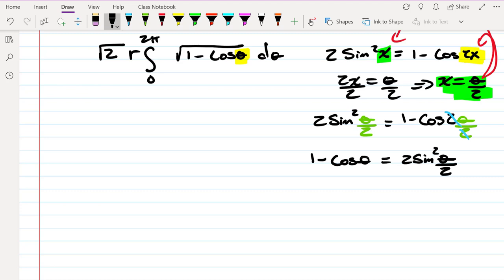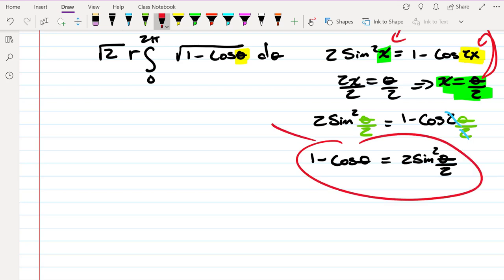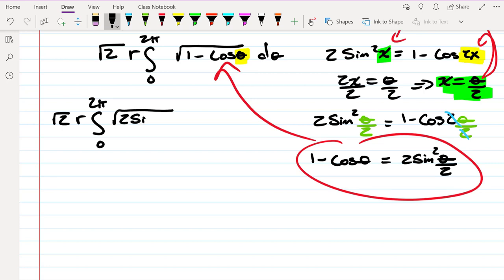So finally, we substitute this into our integral, and we have the square root of 2 times r, the integral from 0 to 2 pi of the square root of 2 sine squared theta over 2 d theta.